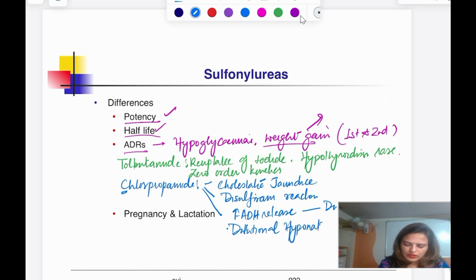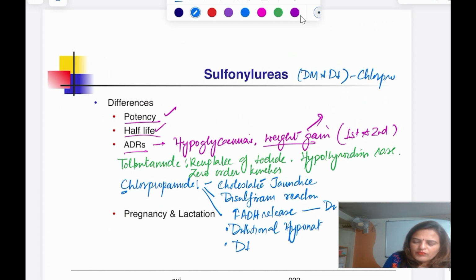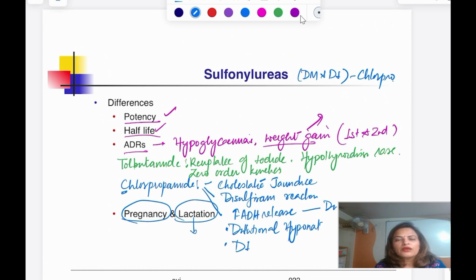This can happen to the patient. And we can use this also in diabetes insipidus. So the drug which we can use both for diabetes mellitus and diabetes insipidus is chlorpropamide. During pregnancy we cannot use this, and it is secreted in the milk, so during lactation also we cannot use it.